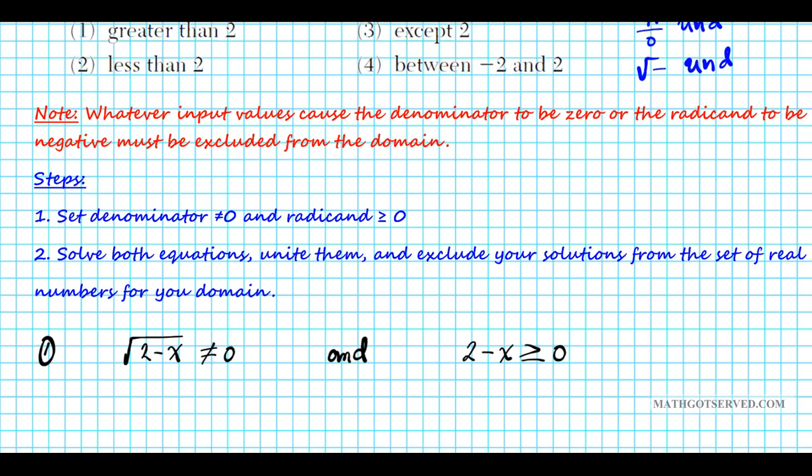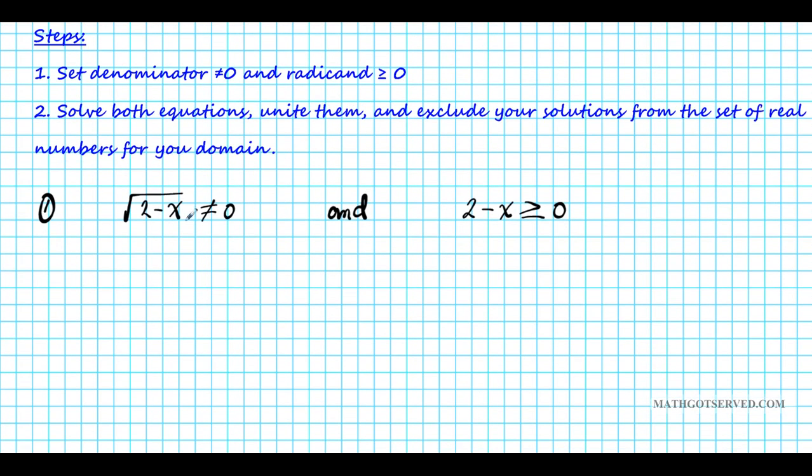Okay, so let's solve these two equations and unite them together. For this one on the left side, we'll square both sides of our equation. That yields 2 minus x cannot be 0. Then you can subtract 2 from both sides. You have negative x cannot be negative 2.